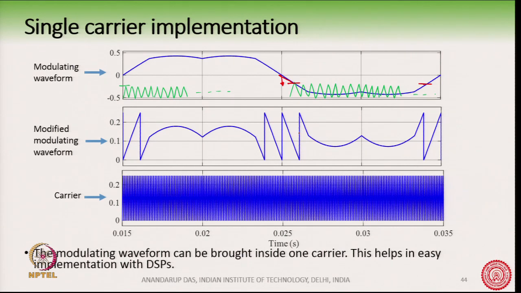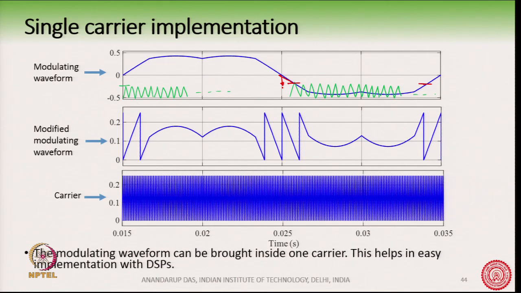So, you see this is the waveform here, and I have done a push down and it is bringing inside one carrier, because I want to implement the whole logic using a single carrier from the DSP. So, I have pushed it down and kept in mind that one push or one level shift has been done.